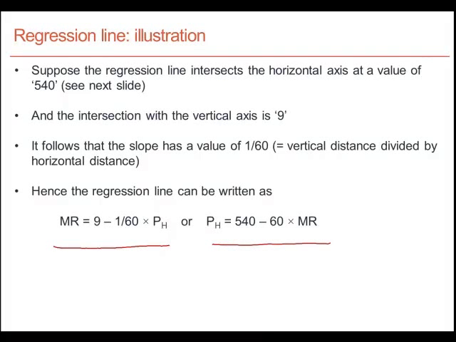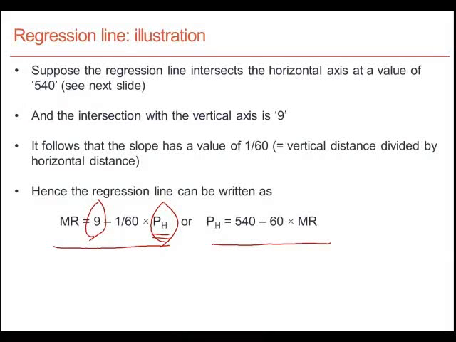We know that at the vertical intercept, the value of the line is 9. At the vertical intercept, we know that the value of the variable on the horizontal axis, the price of housing, must take on a 0 value. So at the vertical intercept, the mortgage rate is 9, and that happens when pH is equal to 0, so the second term drops out of the equation.